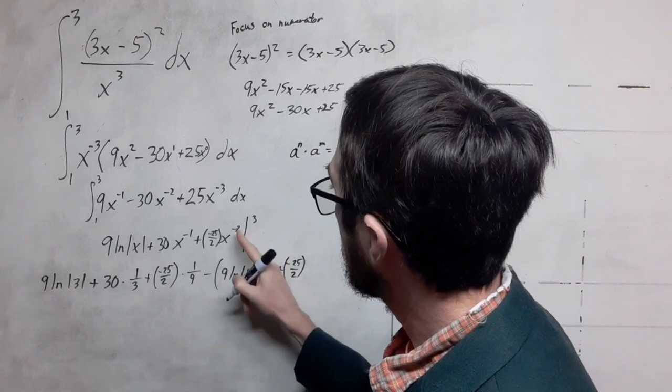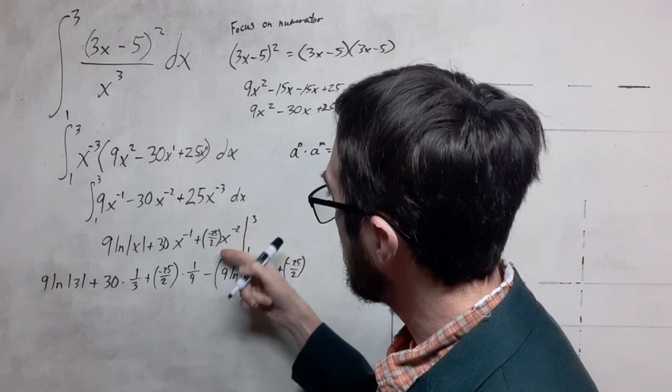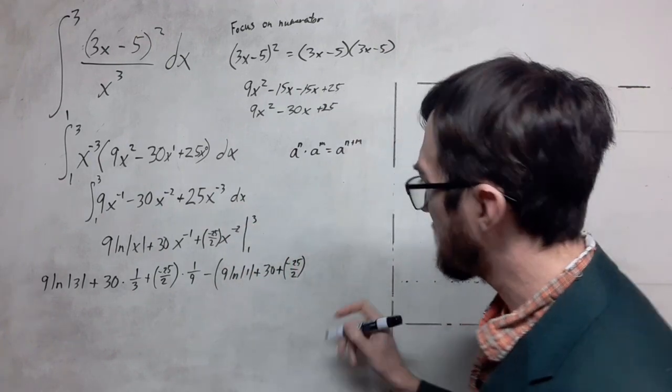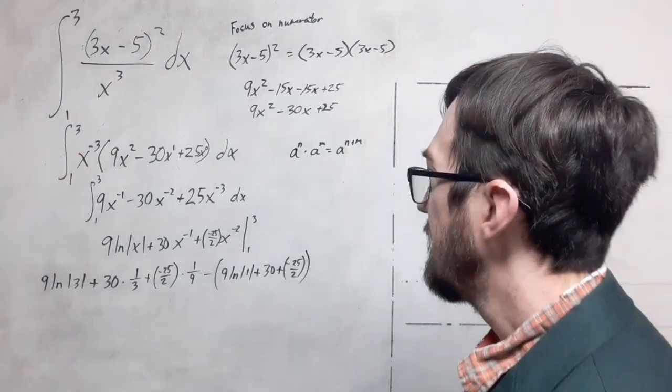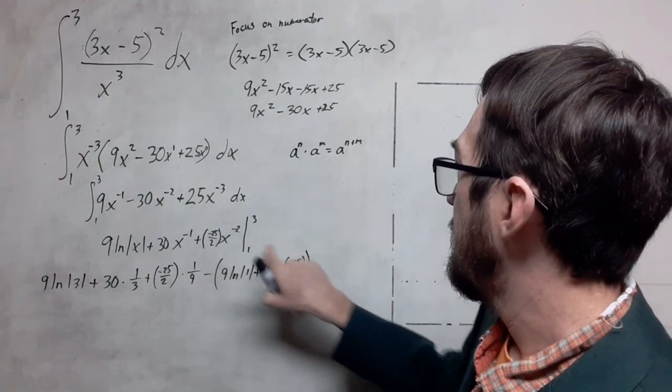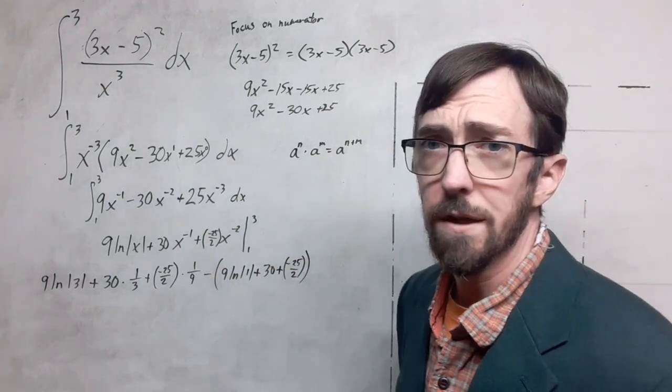And then we're going to have 1 squared, which is just 1, and we want the reciprocal of that. So again, it's just 1 there. So it's not going to change the magnitude of that. So now that we have this, we want to distribute this negative here and then bring together like terms.